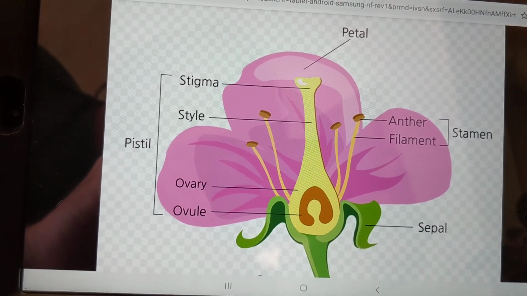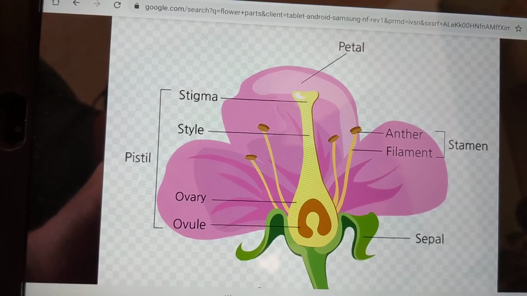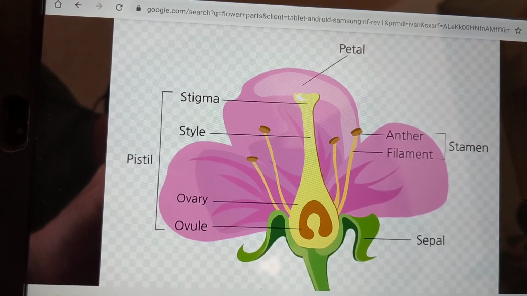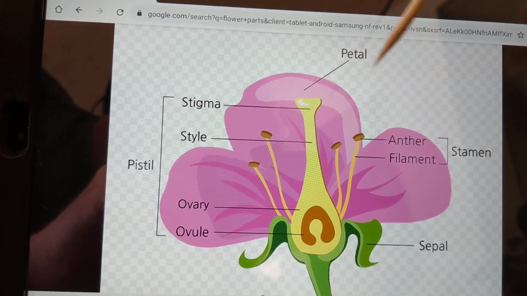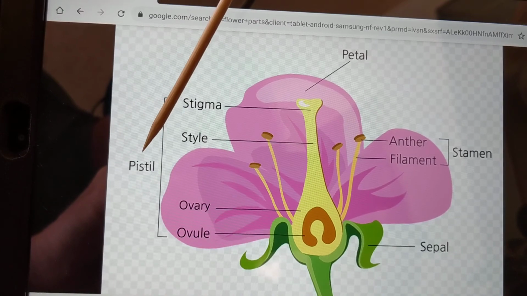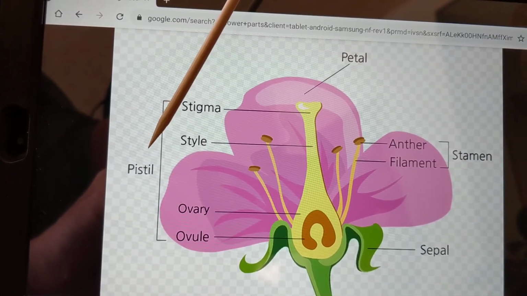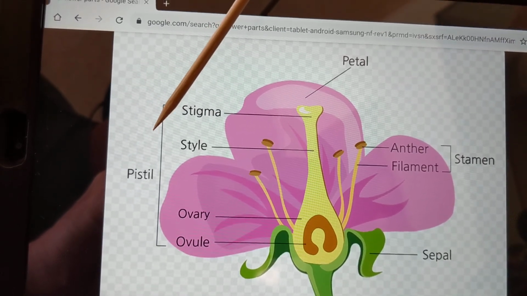I just Googled parts of a flower and I came up with this picture here, and it gives you a really good indication. Now, the male parts of the flower are the stamen and the female parts are the pistil. So we're going to talk with the real flower and show you the stamen and the pistil. All right?